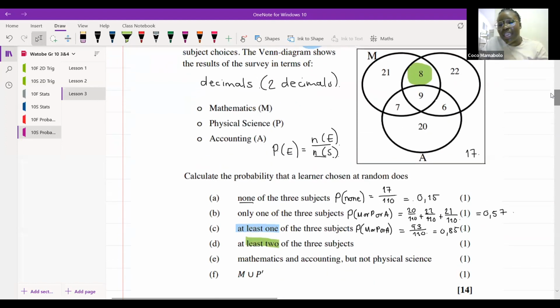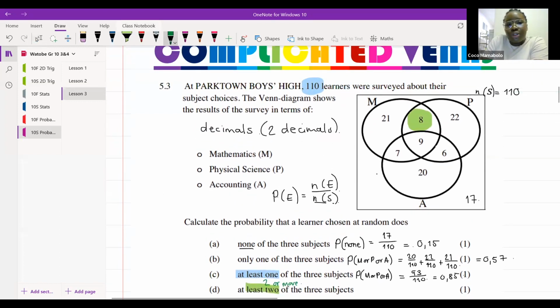So when they say at least 2 subjects, that means 2 or more subjects. What that tells me is you can either do maths and physics, or you can do maths and accounting, or what else can you possibly do? Physics and accounting. Correct. Or what else can you possibly do?